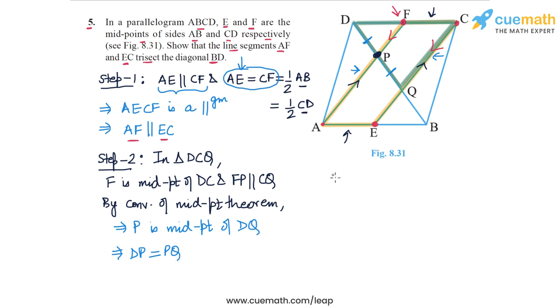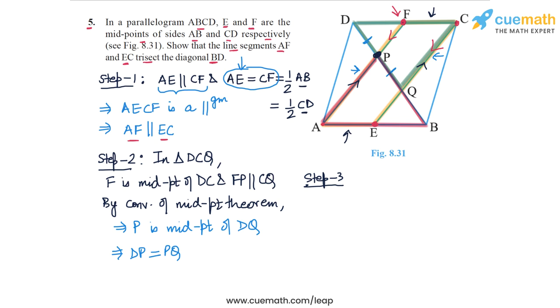Okay, now to the last step, step 3 of the proof. In this step, we will consider the triangle BPA. So just like we considered DCQ, we will now consider BPA or BAP. So let me highlight this triangle for you. So BAP, this triangle is what we will consider for the third step.